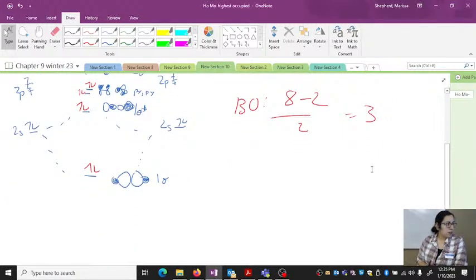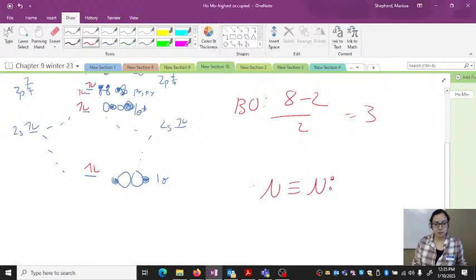How does that compare to our Lewis dot structure? So how many bonds do we expect in our Lewis dot structure, or what do we get? So 3, and so that matches nicely.